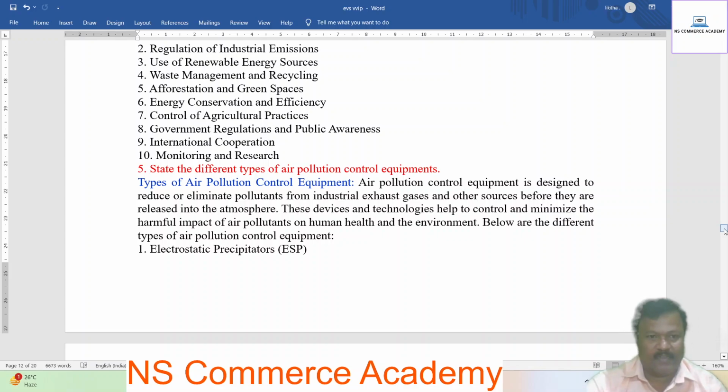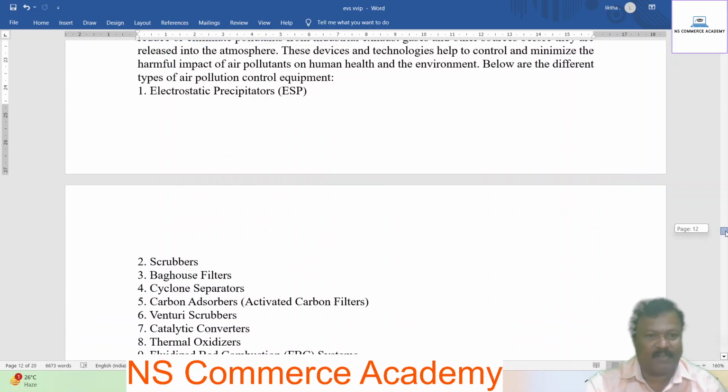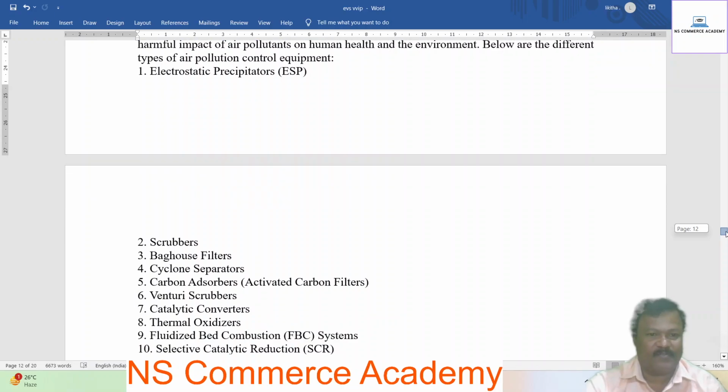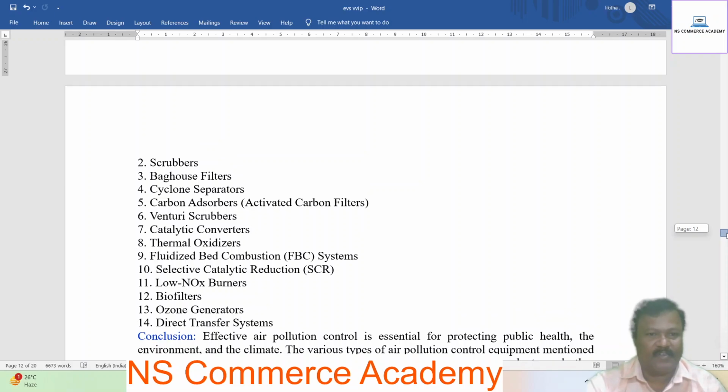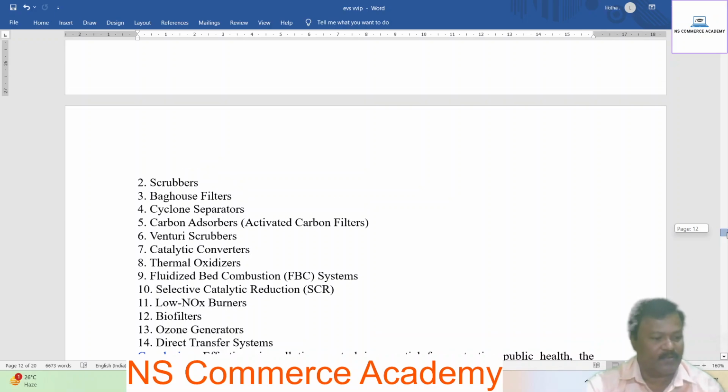First one, electrostatic precipitators (ESPs) and scrubbers. Next, bag filters. Next, cyclone separators. Next, carbon adsorbers, activated carbons. Next, Venturi scrubbers. Next, catalytic converters, thermal oxidizers, fluidized bed combustion system.